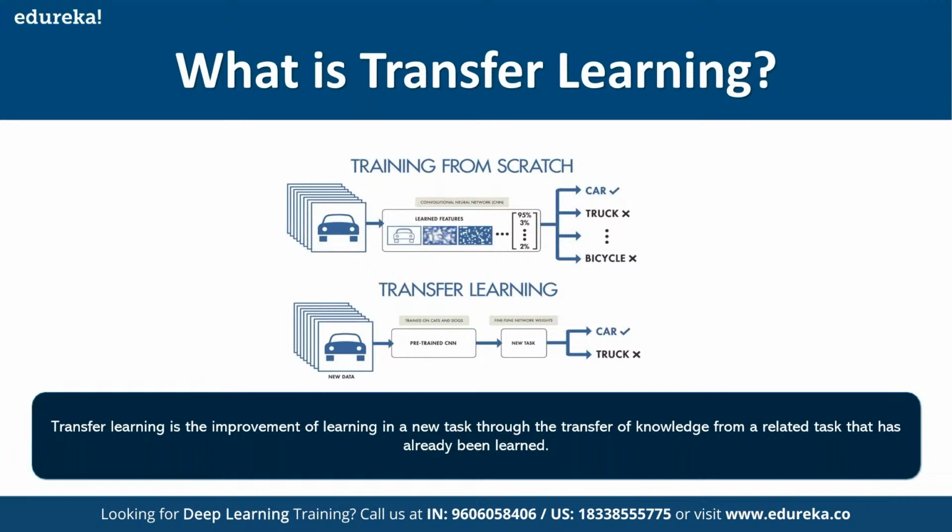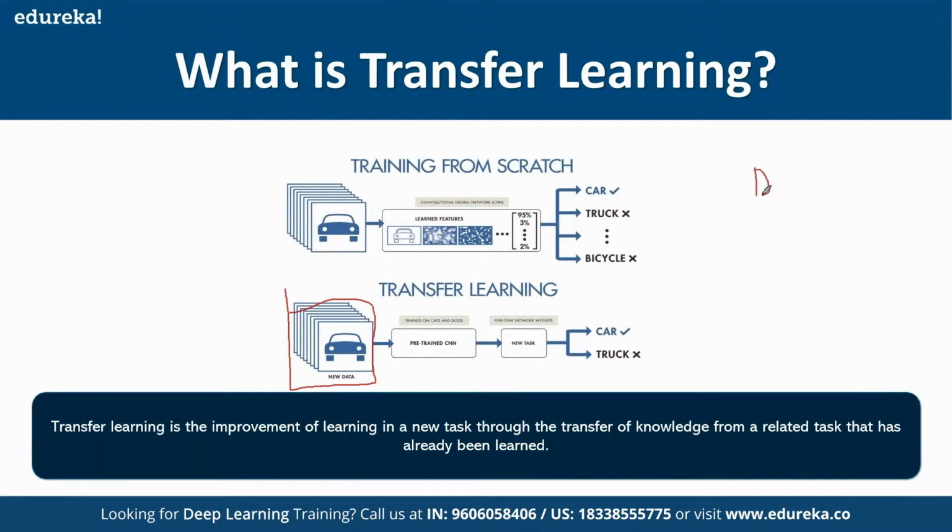So an example can be something like this. Suppose I have a requirement to detect whether my given input image has a car or a truck. If this is the task that I want to do, what I can do is make use of a deep learning model which has already been trained on a different data set, but for the same type of data. An example can be something like this.